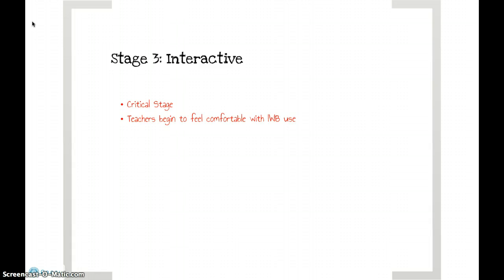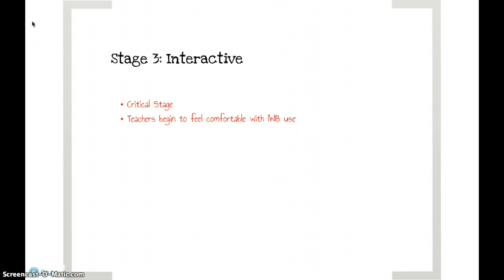It is a critical stage because teachers can either continue to use their interactive whiteboards in familiar ways, in ways that they use their chalkboards, and basically doing their old things in new ways, or they can move ahead from this level and begin to use their IWBs in new ways to teach new things. So this is a very critical stage, just like the middle ground of it.